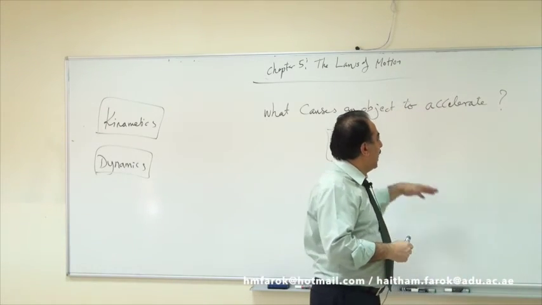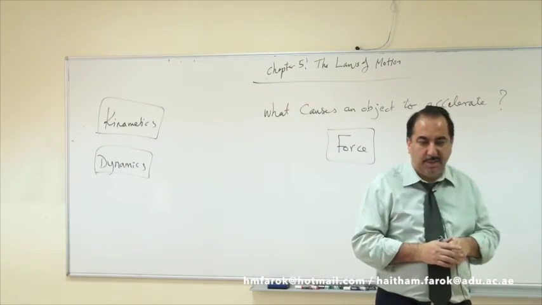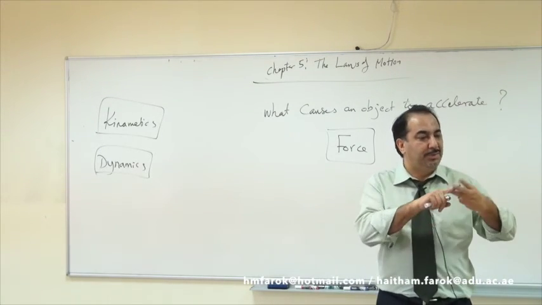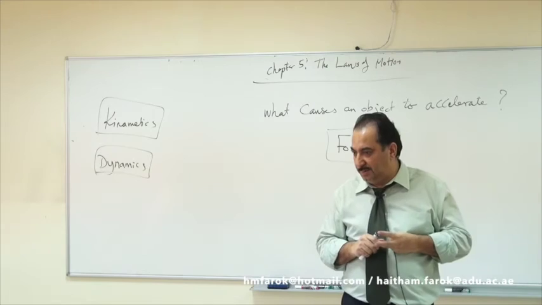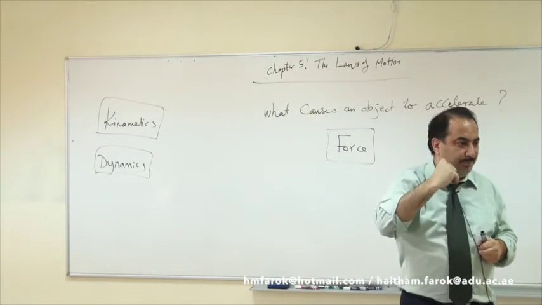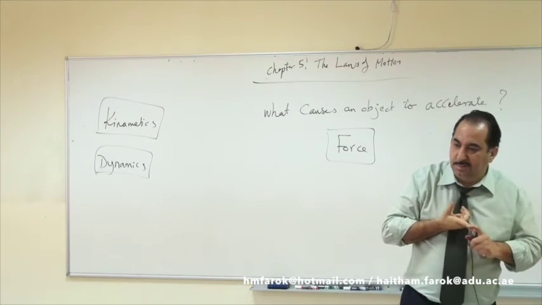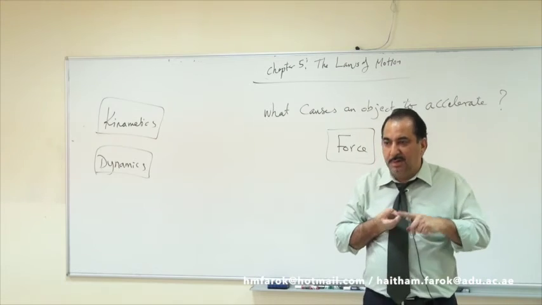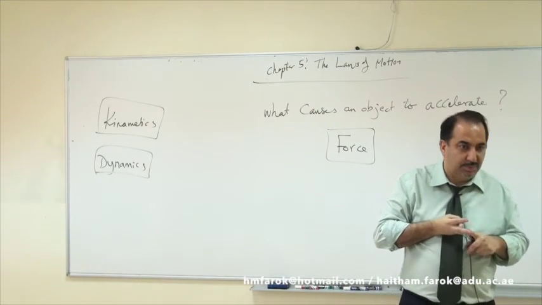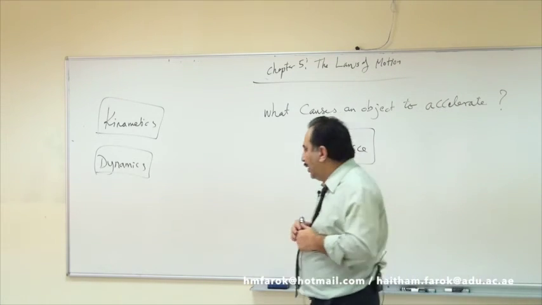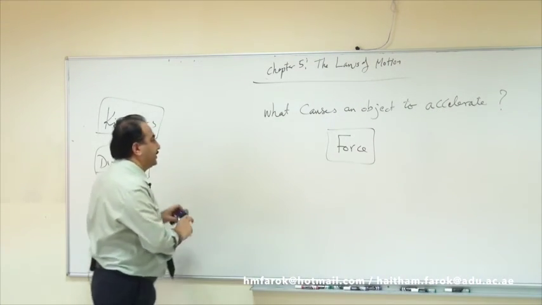And when he studied motion with force, he came up with 3 laws. We call them Newton's laws of motion. That's why I call them laws of motion. There are 3 laws: Newton's first law, Newton's second law, and Newton's third law. So we'll go through these 3 laws one by one, yeah? We start with the first law, Newton's first law.